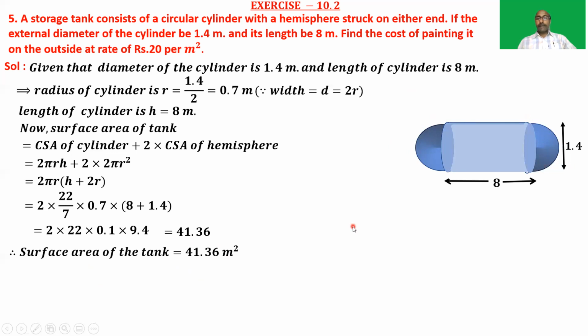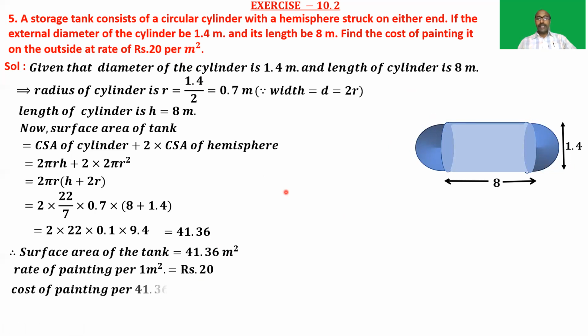But the rate of painting is 20 rupees per square meter. So the cost of painting the total tank is 41.36 into 20, because the surface area of the tank is 41.36 meter square and the rate of painting per 1 meter square is 20 rupees.